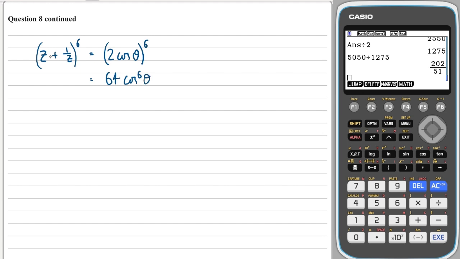I'll then need to expand this bracket here using the binomial. So we'll do 6c0, z to the 6, 1 over z to the 0, plus 6c1, z to the 5, 1 over z to the 1, like this. I'll just speed this up.